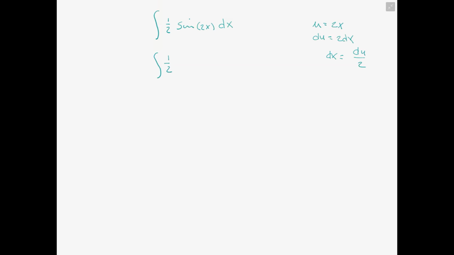And so here we go. We've got 1/2 sine of u, and dx is du over 2. So we have 1/4 sine u du.